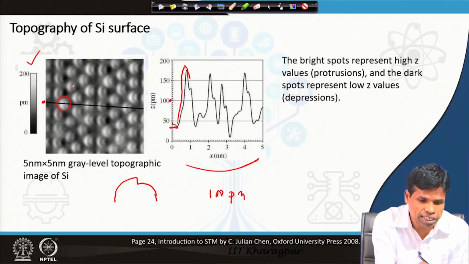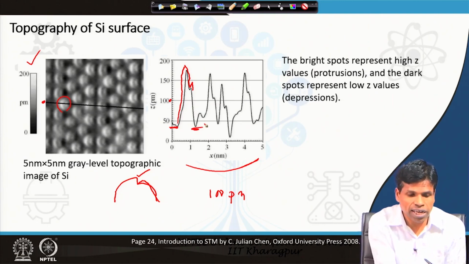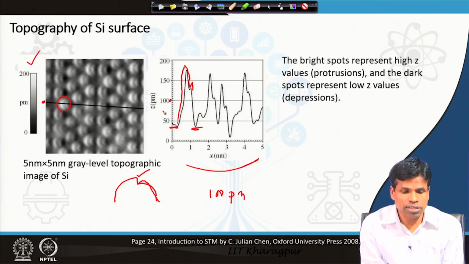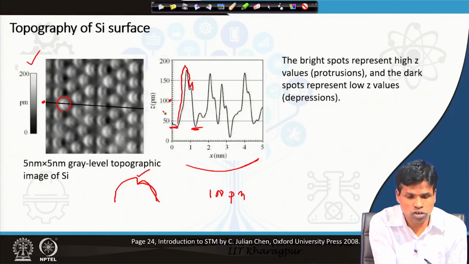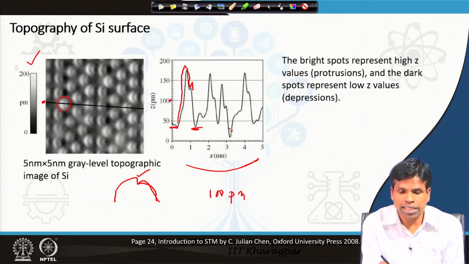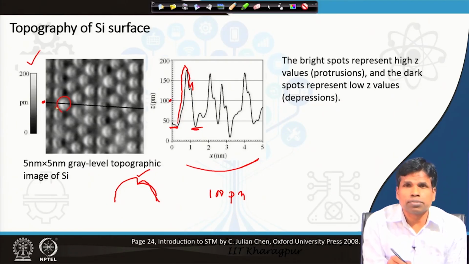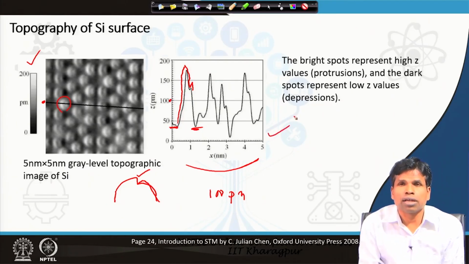As you see, there is another depression here, showing downward, and again a little bit up, again a little drop, and then again coming downwards. So, this is done by line scan, and in the image you can just draw a line and see how the tip moves up and down, thereby measuring the height or depth at the atomic level.